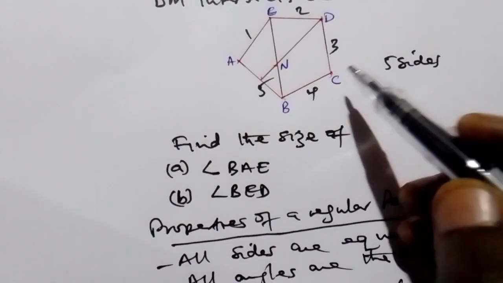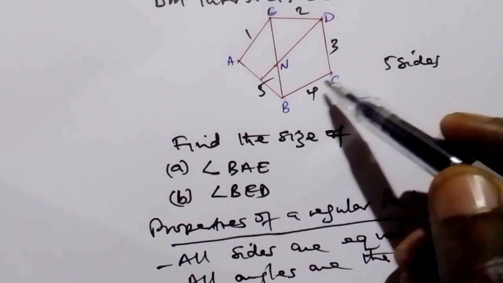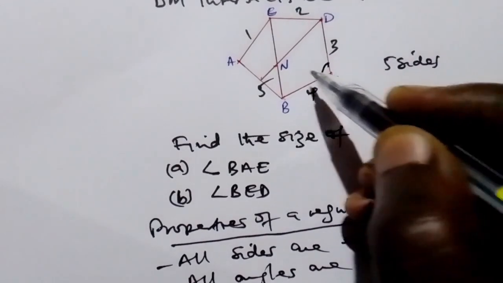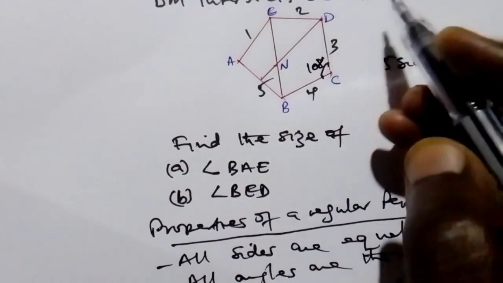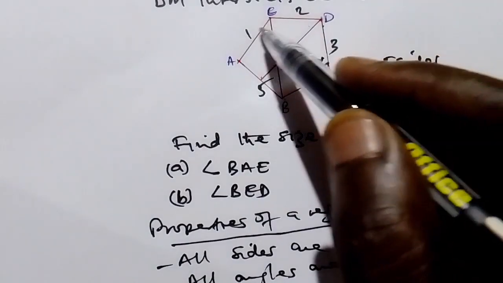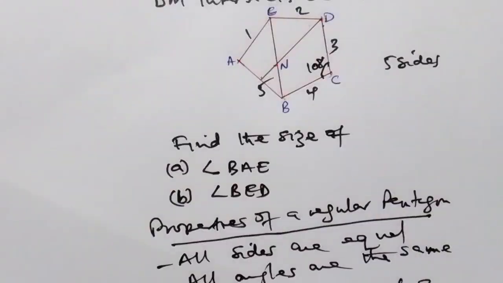So we know that all the interior angles are similar in this pentagon. This interior angle is 108, it is similar to this one, this one, and this one.